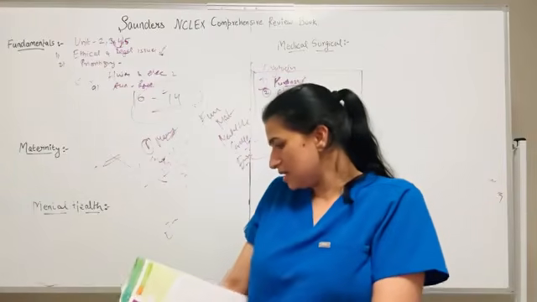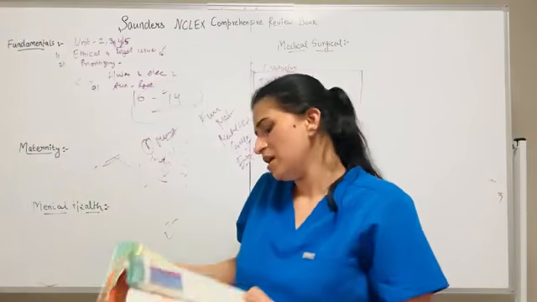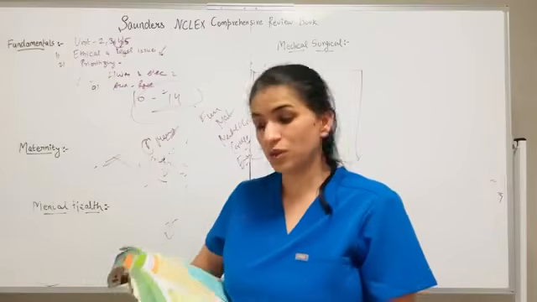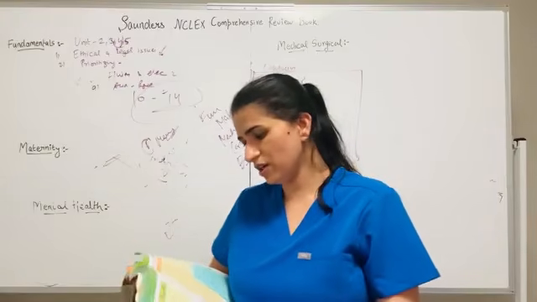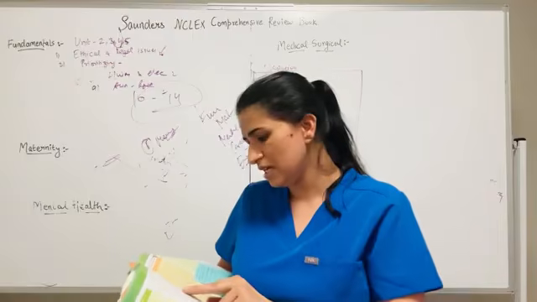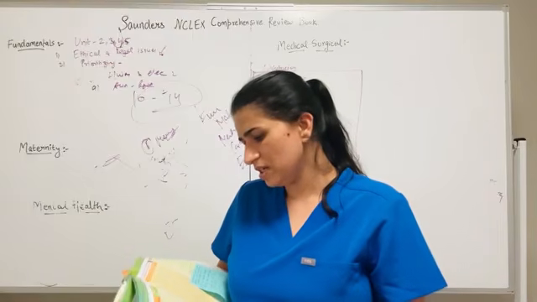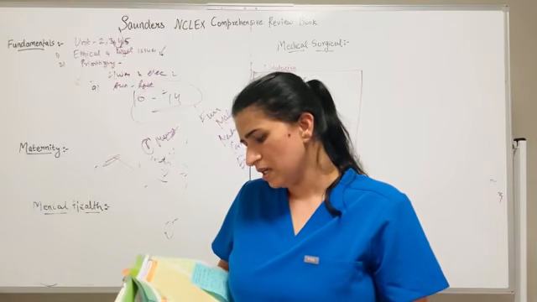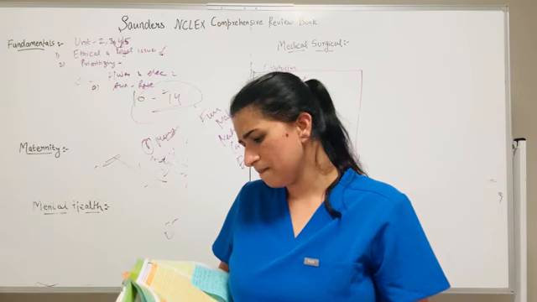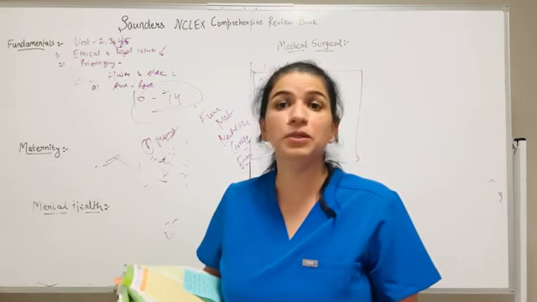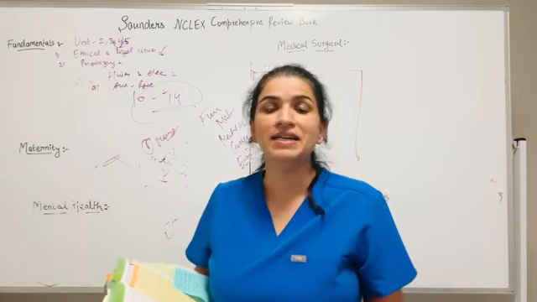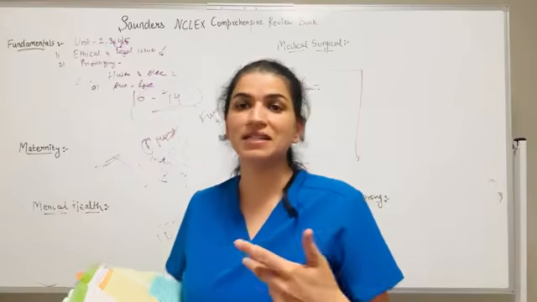Now here in the book, let's see what side effects and adverse effects they give you. If I give you some options, let's say changes in vital signs. What do you think? Is this a side effect or an adverse effect?